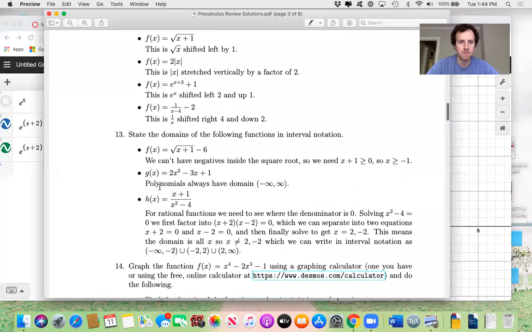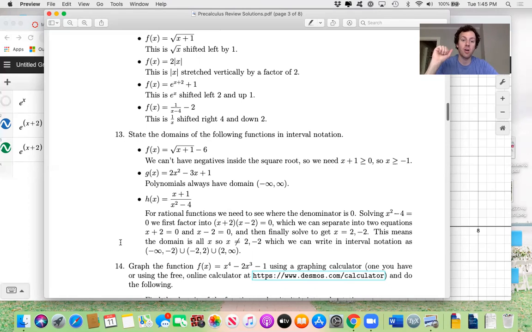Let's see. For 13, talking about the domain, what is important to remember is there are essentially 3 big ways that a function can't be defined.